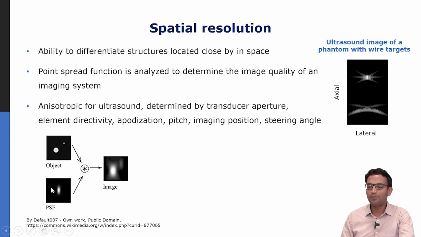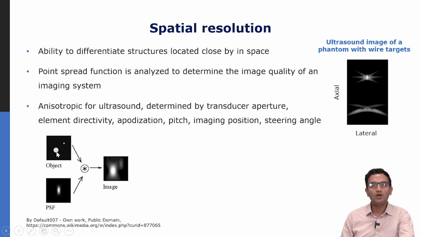So here is an example of a point spread function of a hypothetical imaging system in which this blur actually represents how a point will be depicted in an image. And here is the actual object profile, where there is a very small point and there is a slightly more extended object.